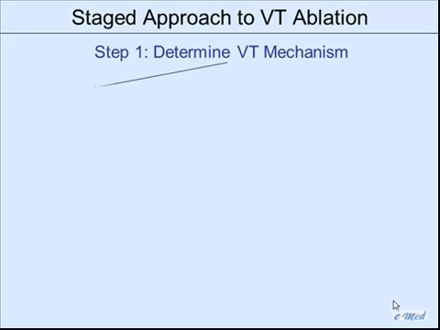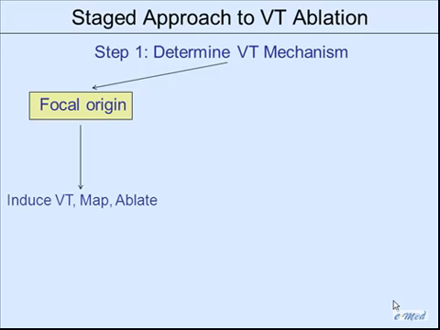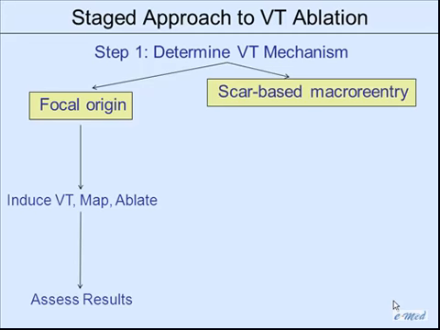All right, now when we're dealing with these cases, there are many different ways of approaching them. One way to do it is to determine your VT mechanism. I think this is always worth doing because you can spend a lot of time looking for a mid-diastolic potential that's not there because it's a focal origin. So if it is a focal origin, induce and map and so forth, and then assess your results afterwards.